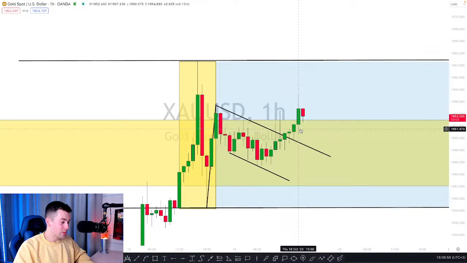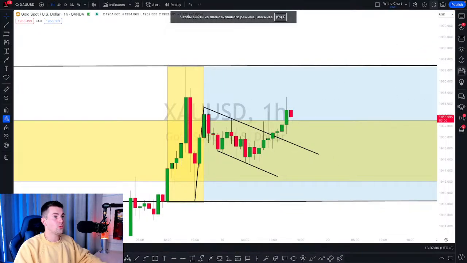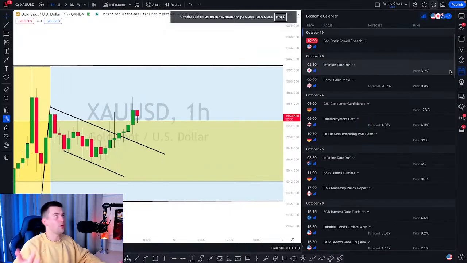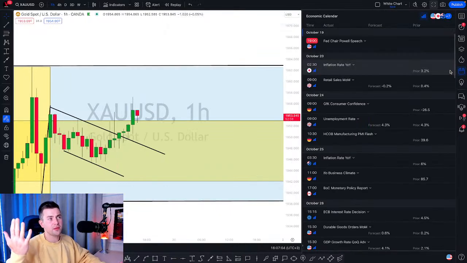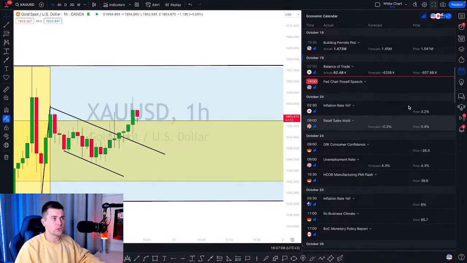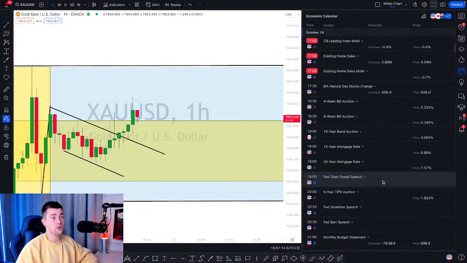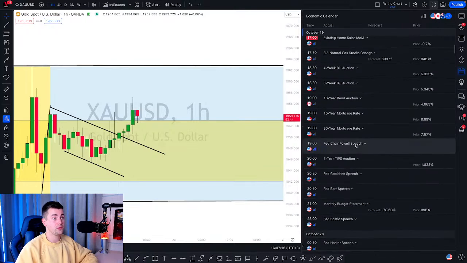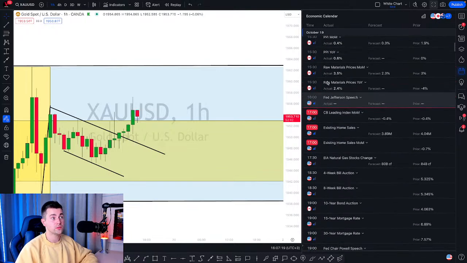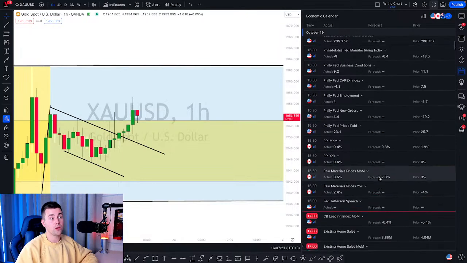And I see a question from Mono: which source do you use for the news? Of course, because I spend the entire day on TradingView, I monitor TradingView from the morning till the evening. Here you get all the news that are coming.